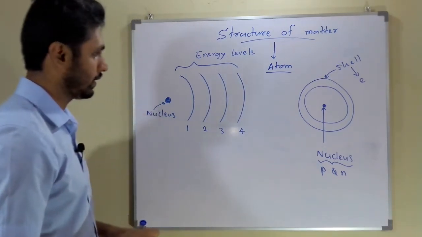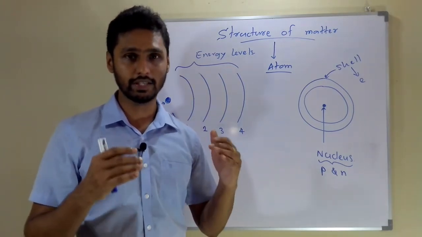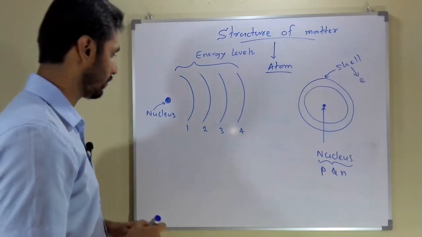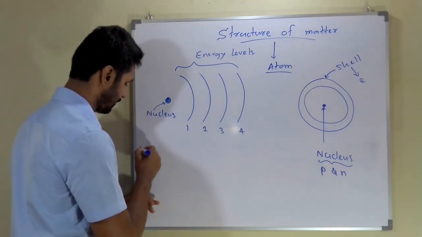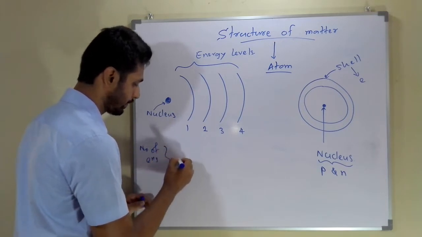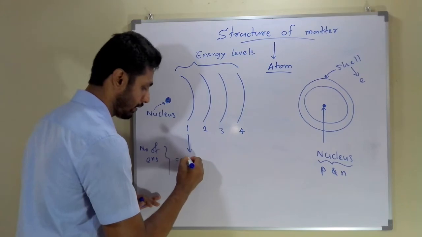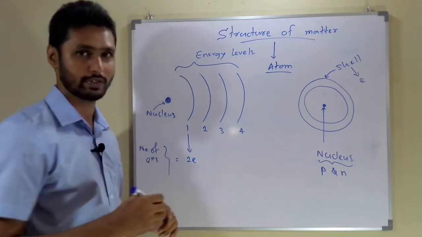So let's see how many electrons can be held in each energy level. The first energy level can hold a maximum of 2 electrons.